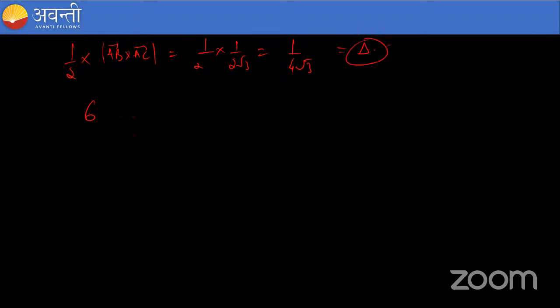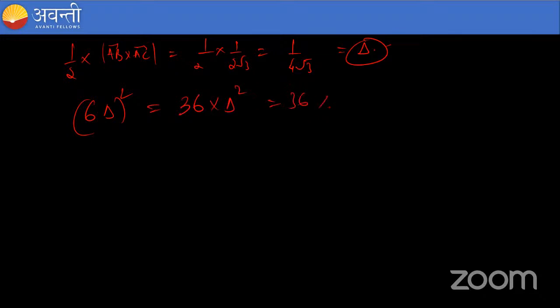Now half times mod of AB bar cross AC bar will be equal to 1 by 2 into 1 by 2 root 3, which will be 1 by 4 root 3. So this is equal to the delta value. Now we are supposed to find 6 delta whole square, right? So this will be equal to 36 into delta square.